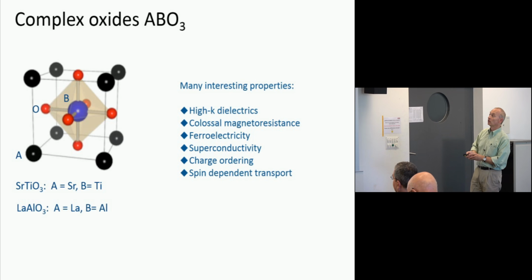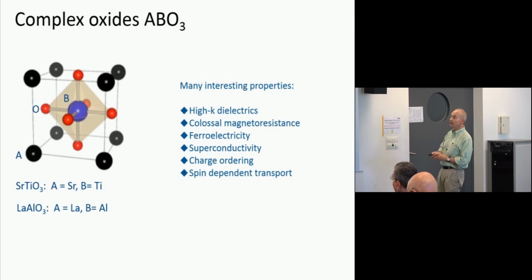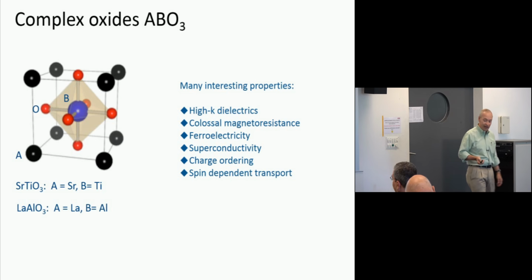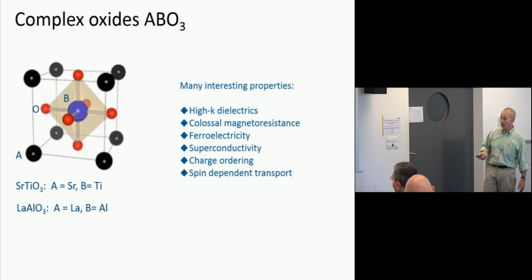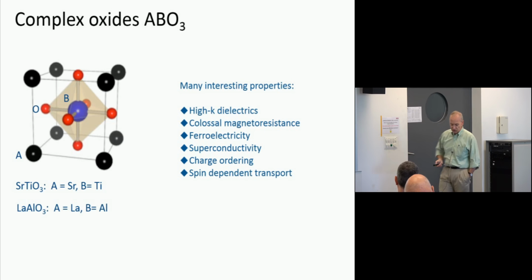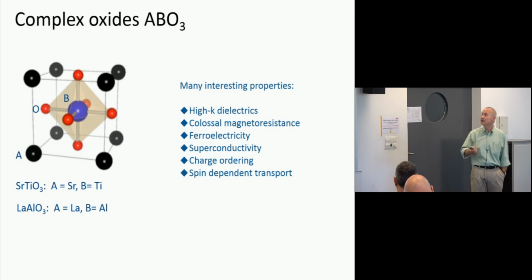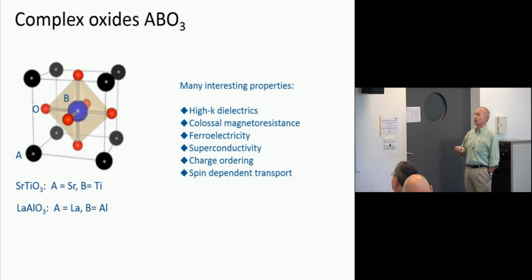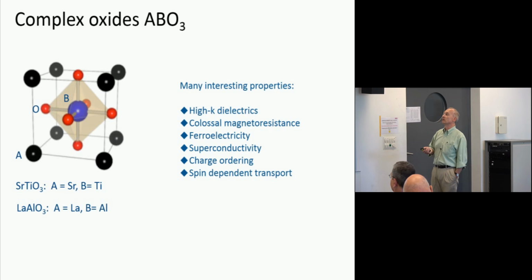Maybe the most well-known prototype example of this is strontium titanate. It's kind of the prototype complex oxide. Another example is lanthanum aluminate. These perovskites have been studied for decades because they have many, many interesting properties, electronic properties as well as structural properties.